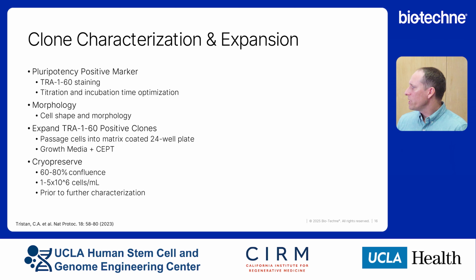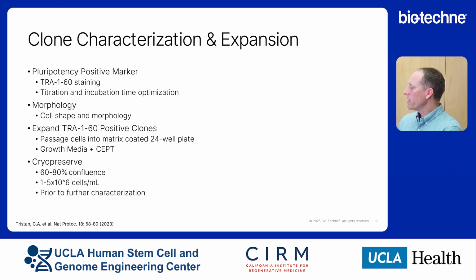Finally, once you get to the clone characterization and expansion phase, the paper recommends using pluripotency staining. So first you can use TRA-1-60 staining. We again had to titrate and optimize the incubation time of this antibody. Looking at cell morphology and cell shape is also another way to characterize the health of your clones.